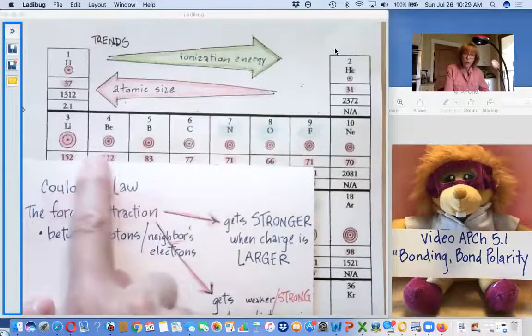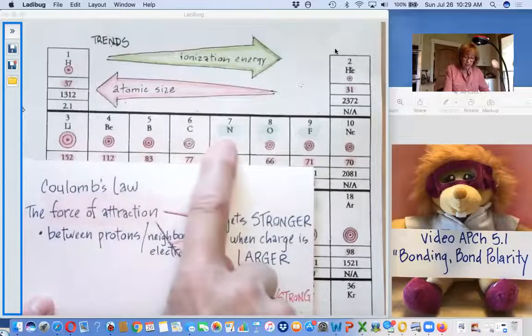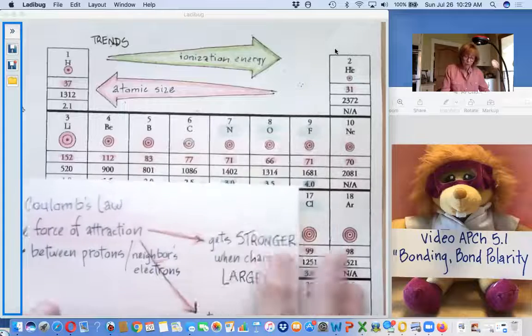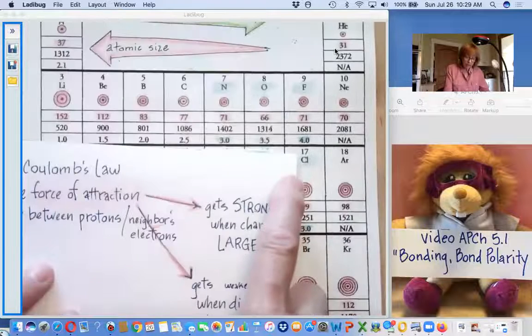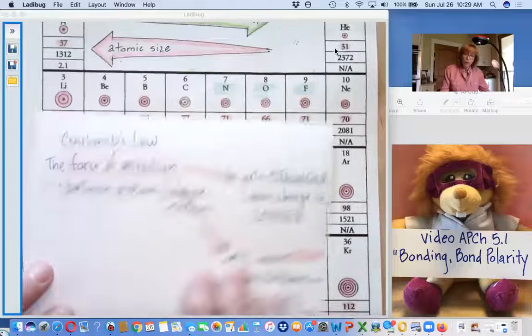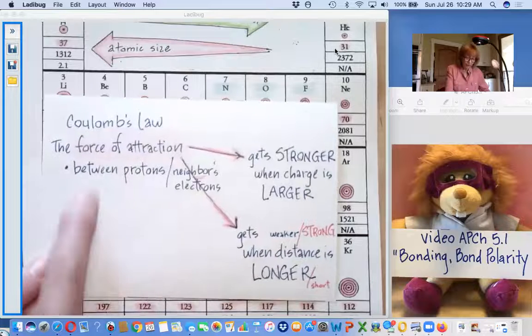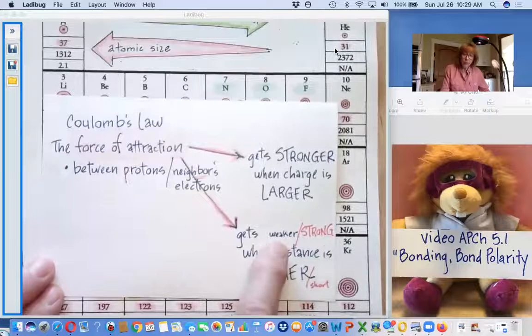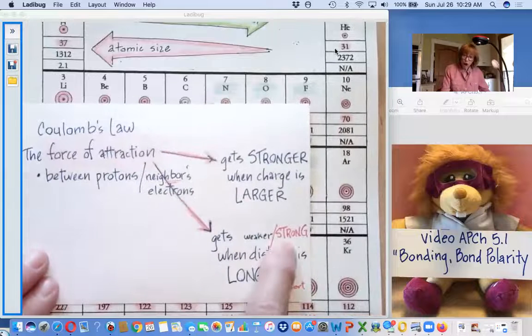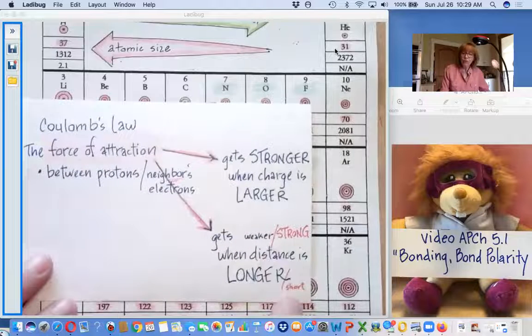And look, as we go across this period, remember how nuclear charge got larger? So force of attraction is also going to increase. And remember, Coulomb's law also tells us force of attraction gets weaker when distance is longer, or let's flip it, gets stronger when the distance is short.